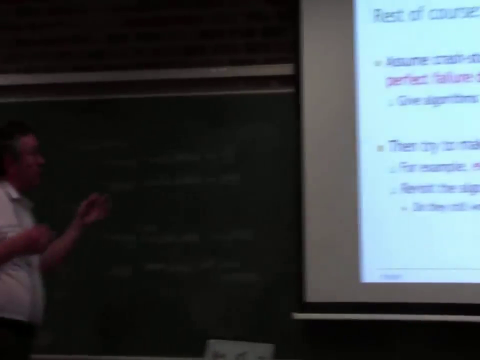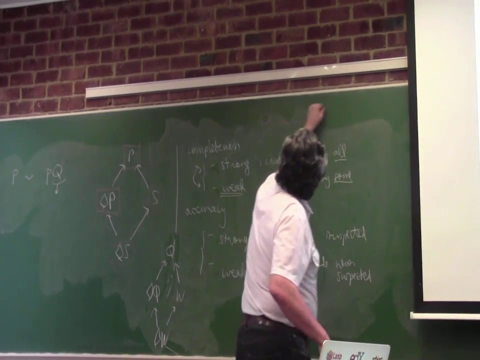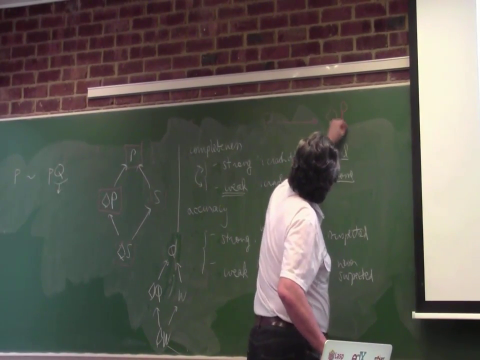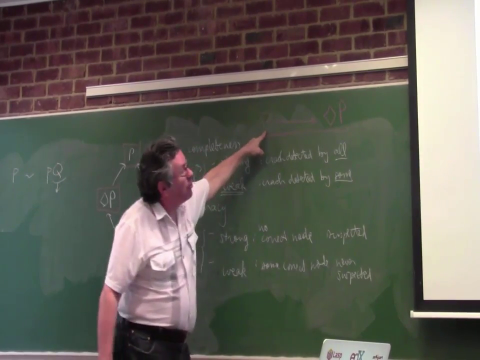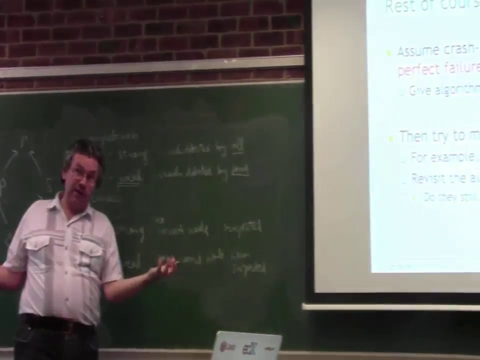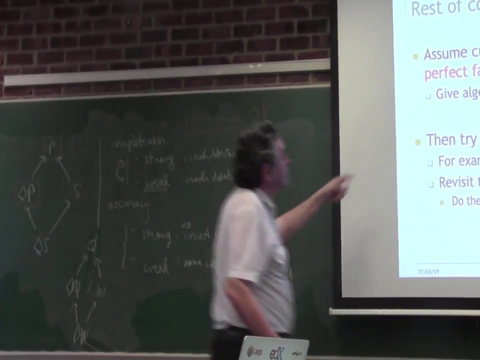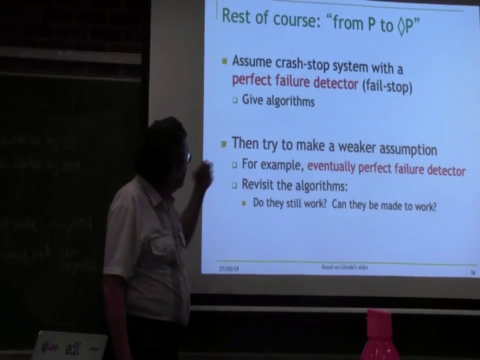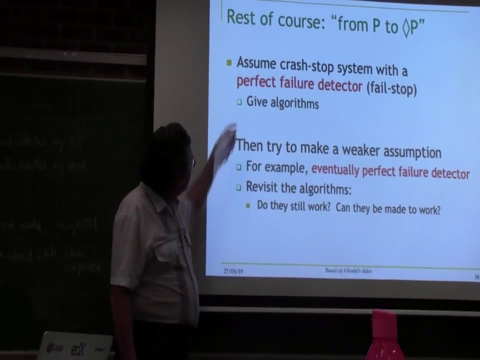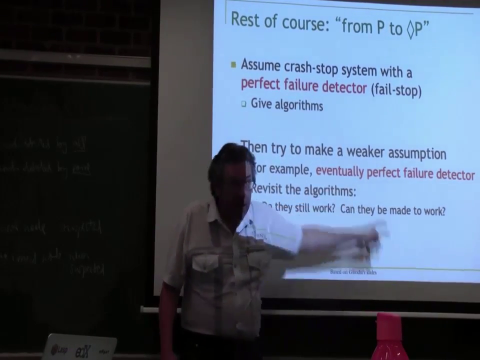One of the important things in this course is that we're going to go from P to eventually P. Assume crash stop with a perfect failure detector. It's a very nice, simple model. We're going to make algorithms for that. And then we're going to say, well, maybe we want to change the perfect failure detector and make it eventual.